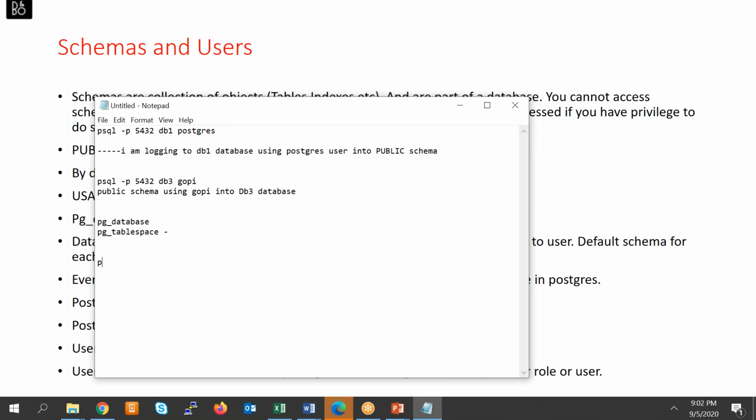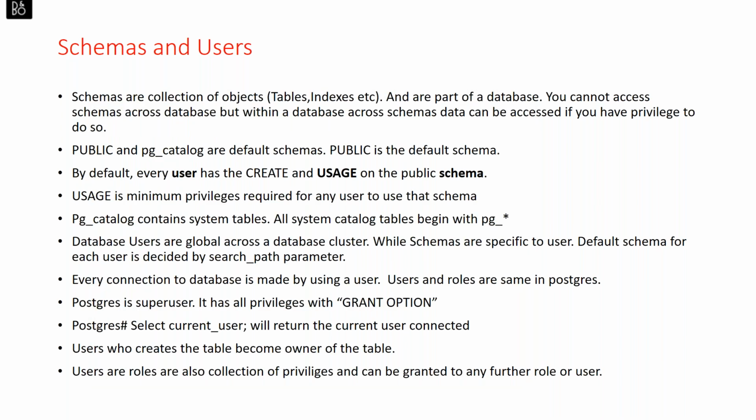Inside this you can find PG underscore table, PG underscore index, PG underscore sequence, namespace, PG underscore tables, views, triggers, columns, and PG underscore view. So all this would be created as a catalog. These are all the catalog tables in the catalog schema.